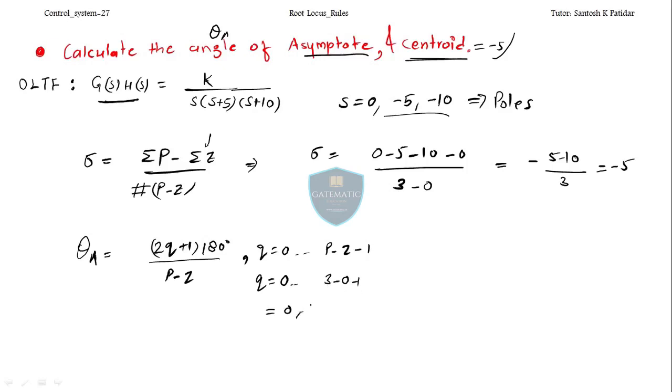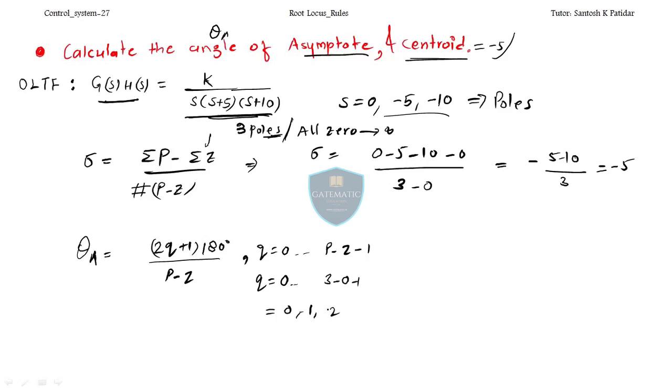So 0, 1 and 2, three values. You have only 3 poles and no zeros, so all zeros will be at infinity. So you require 3 asymptotic lines, and you will have 3 angles.